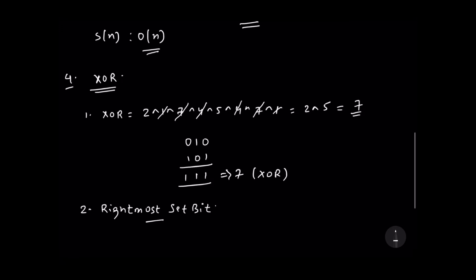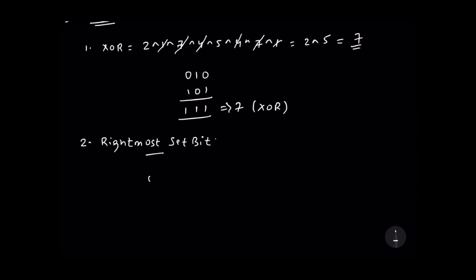For 2, the rightmost set bit is this one. And for 1 and for 5, the rightmost set bit is this one.